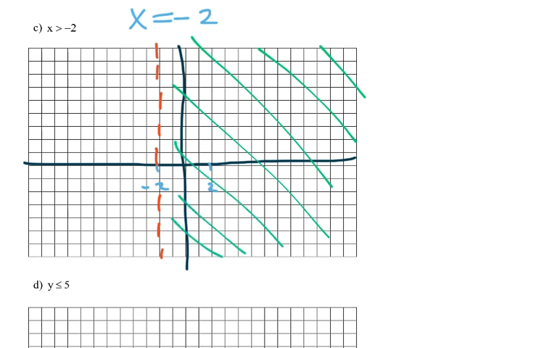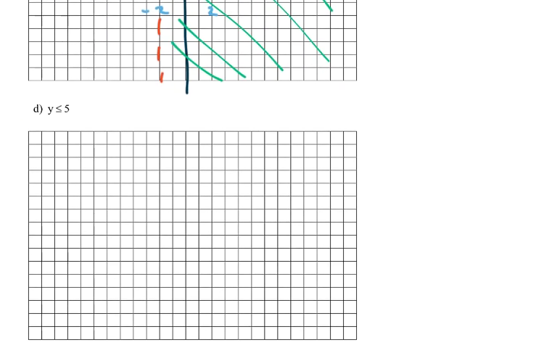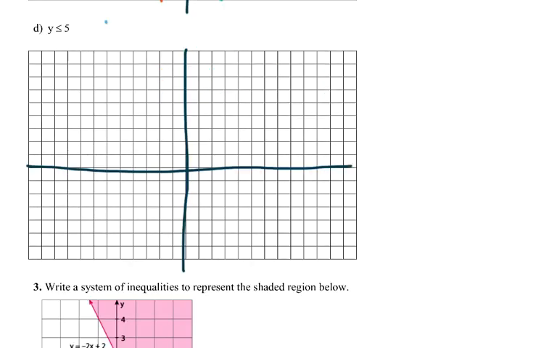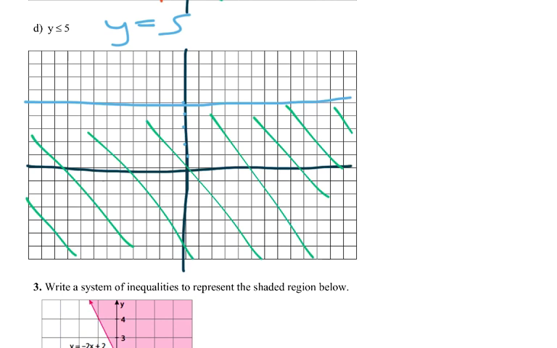And there we go, all of this side would be greater than. y is less than or equal to 5, so we need to draw the line y equals 5. 1, 2, 3, 4, 5. There we go. And we want y is less than or equal, so we want everything underneath that, and we leave the line whole.